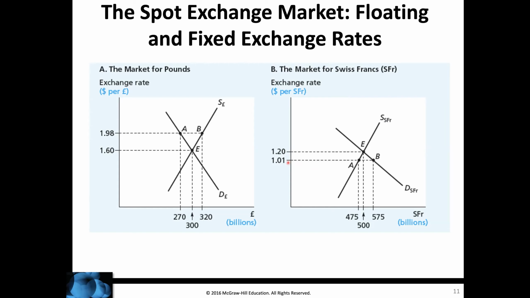So the government has to sell from point A to point B about 100 billion Swiss francs, equal to that gap. So you can see that governments, in order to manipulate the exchange rate for their currency, will go out and have transactions that will affect the price for those currencies.